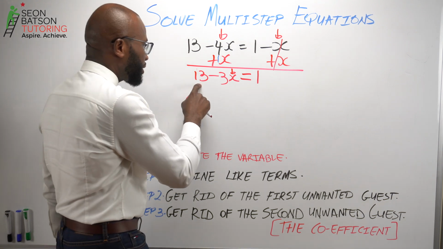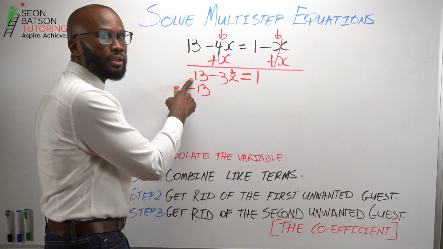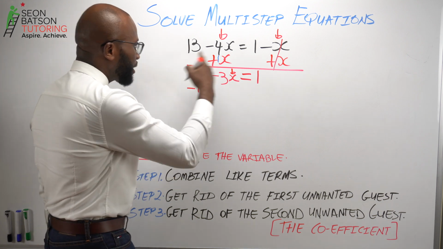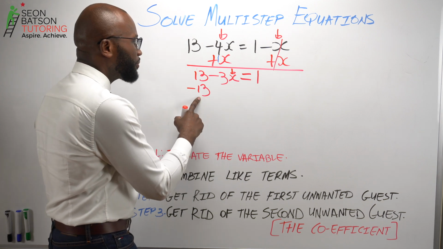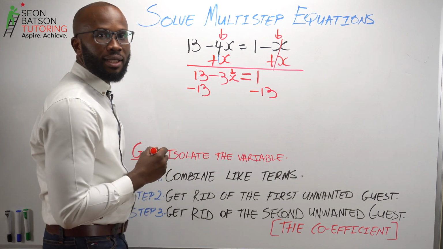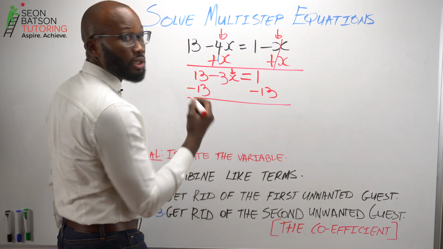So to get rid of the 13, we're going to subtract 13, because this 13 is adding on, right? This is a positive 13, this is adding on. So we're going to subtract 13. If I subtract 13 from the left side, I must subtract 13 from the right side. All right, let's subtract. 13 take 13 is 0.